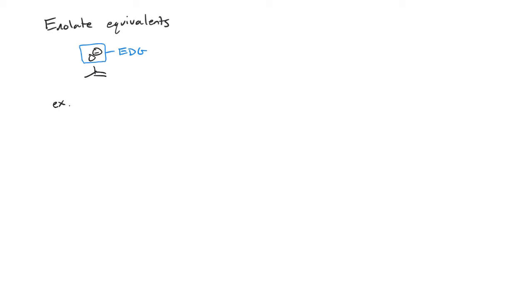Some examples of these enolate equivalents are things like aza enolates, which are just enolates with a nitrogen atom instead of the oxygen. These are more nucleophilic because you have the negative charge on nitrogen instead. Kind of go down the series. Again, I'm going to give you just the regular enolate we've seen, as a comparison.